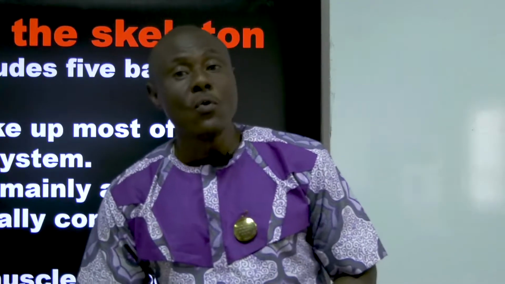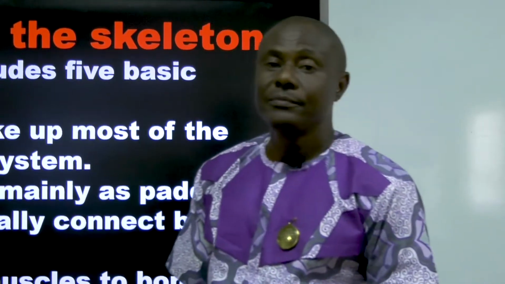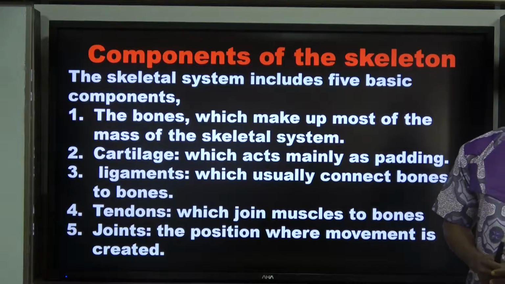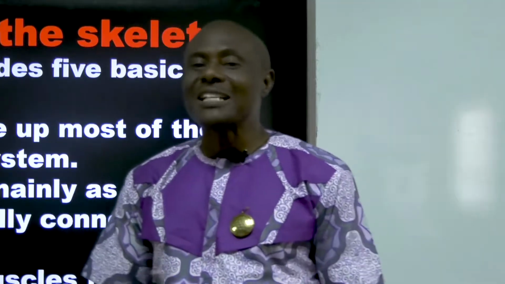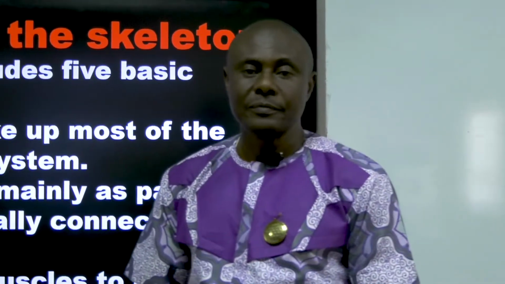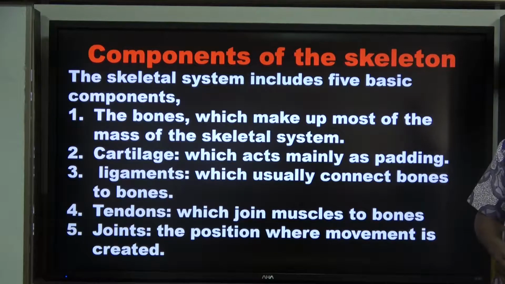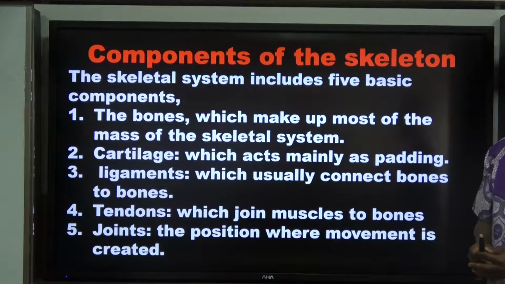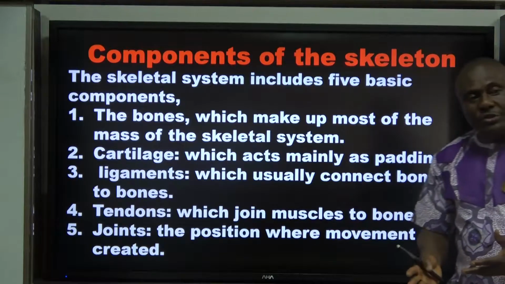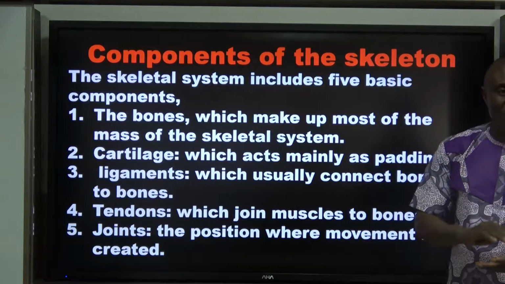The bones are the hard parts of the system that provide protection for the internal organs of the body. The bones also provide muscle attachments, attaching muscles to the bones. We also have the cartilage. The cartilage is a soft tissue that provides synovial fluid that brings about easy movement at a joint.